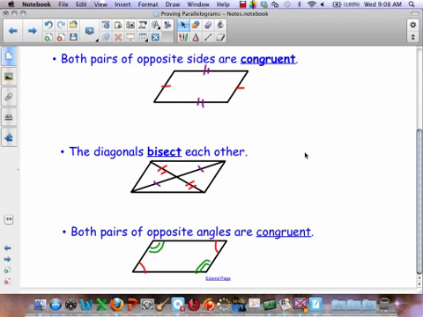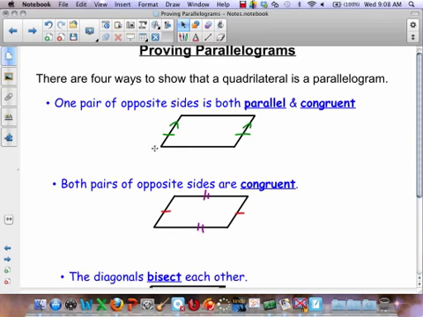By the way, here's a really easy proof. Let's go back up to here. If these are both parallel and congruent, how does that guarantee me that these other two lines are going to be congruent? Well, let's draw the diagonal. Since these two lines are parallel, my diagonal acts as what we call a transversal.